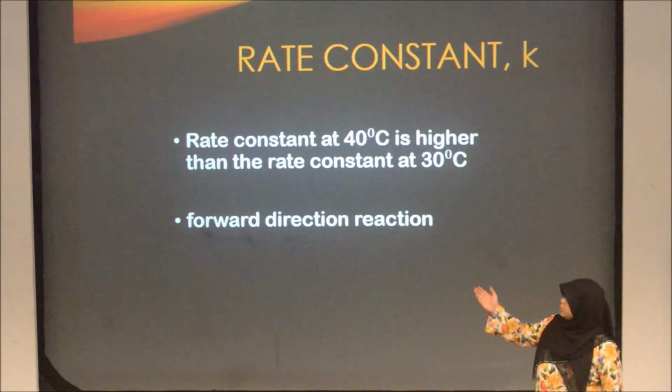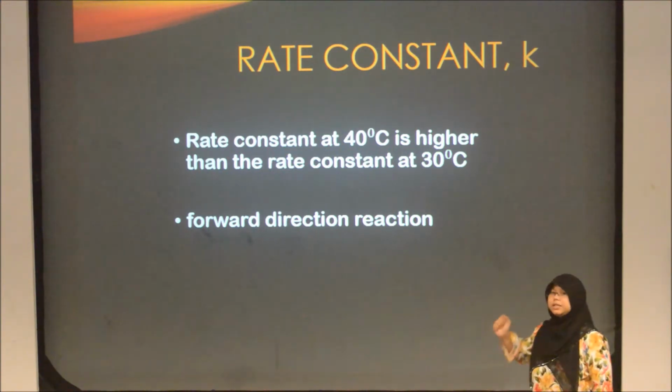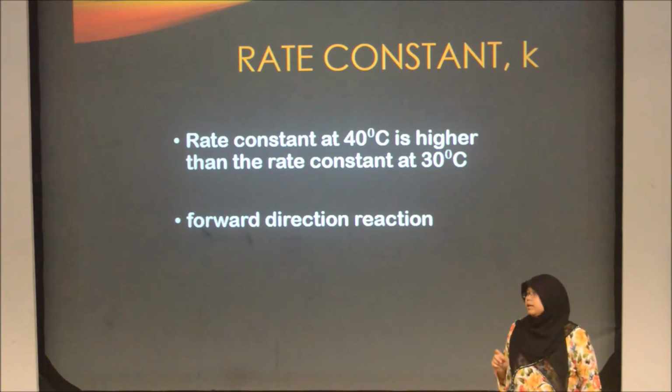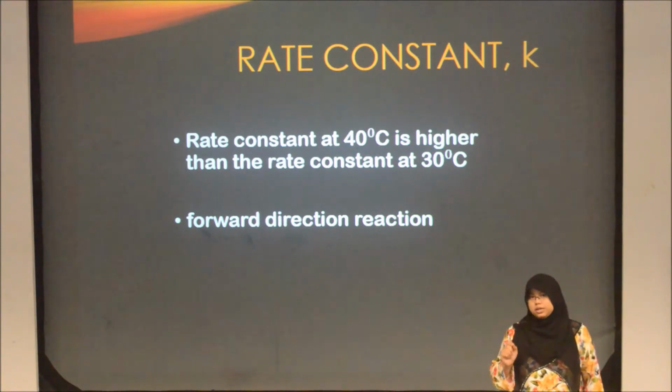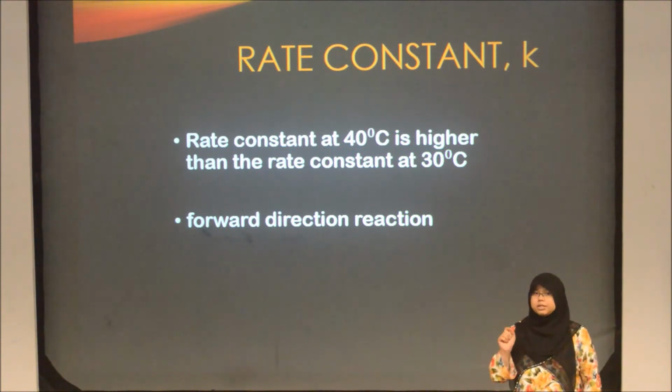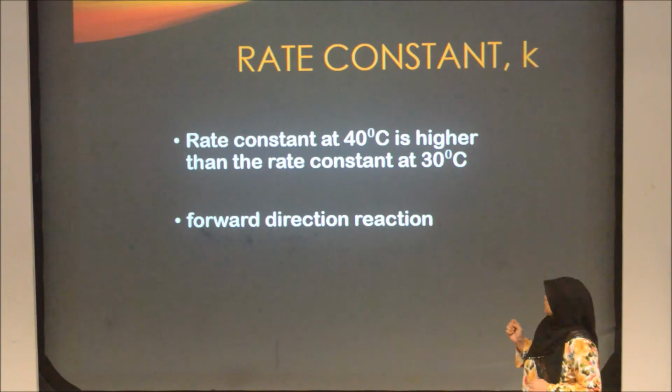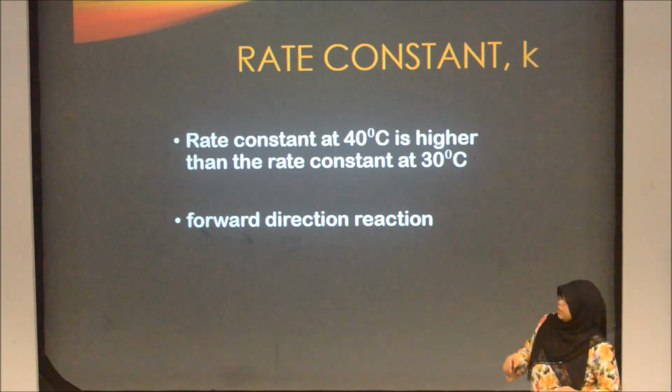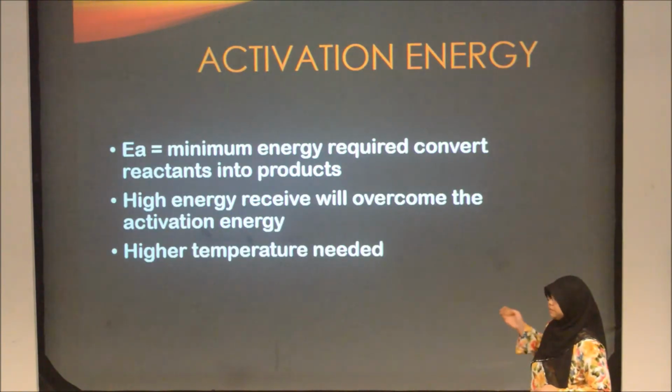We have to ensure the forward direction of the reaction, otherwise it will affect the value of the rate constant. So we have to regulate the temperature that comes into the system and goes out of the system. Then let's proceed with the activation energy.